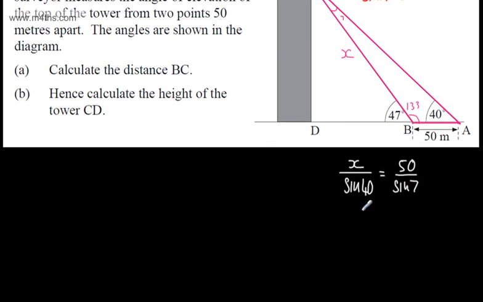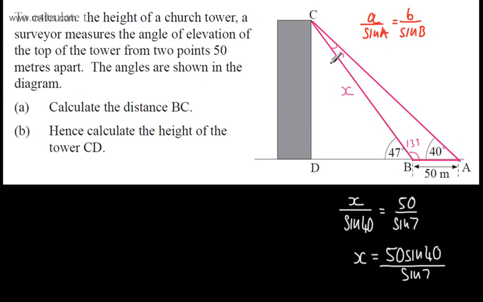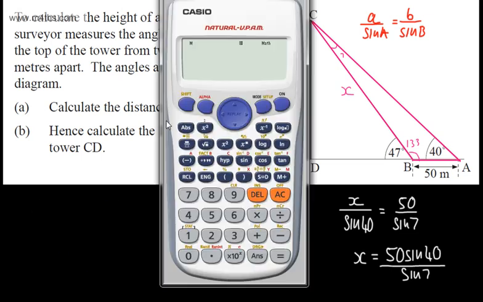So all I'm going to do is multiply it by the sine of 40. So X will be equal to 50 lots of the sine of 40 divided by the sine of 7 degrees. We're simply going to put this through a calculator now and find this length, which is B to C, or the value of X. So in our calculator, shift mode 3, just to check that you're in degrees.